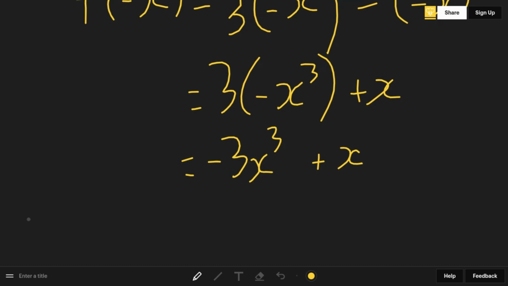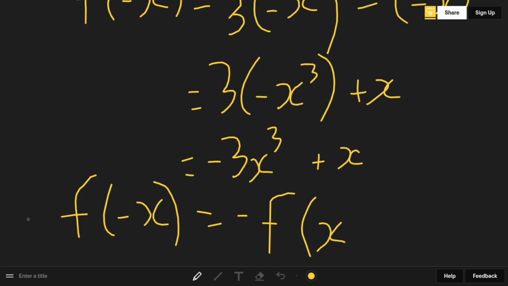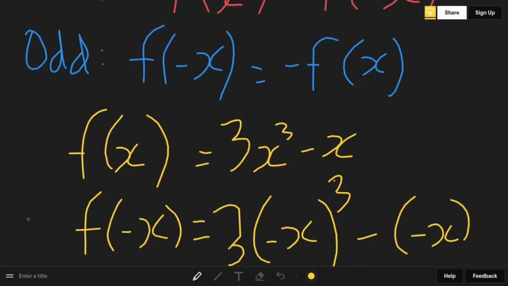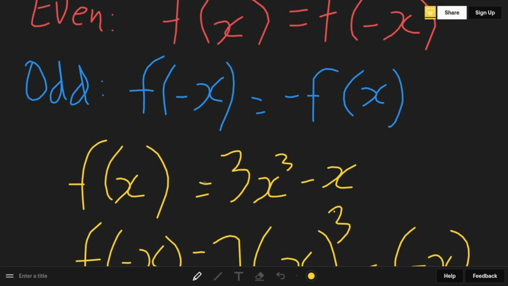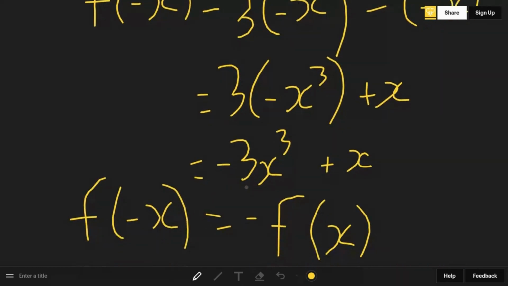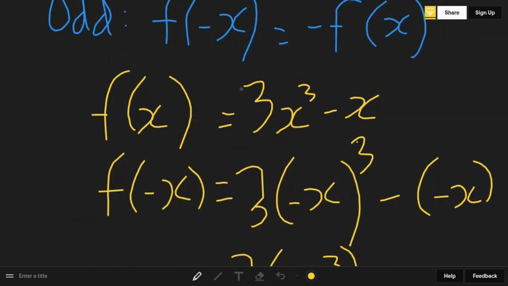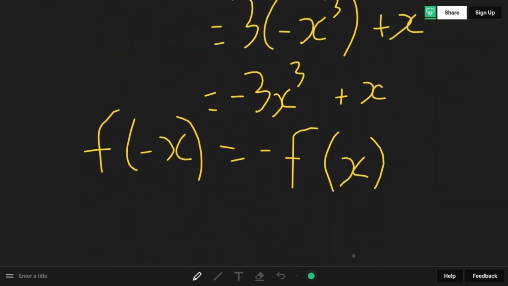And so we see that when I plugged in f of negative x, I actually got negative f of x. Because if I look at f of x and multiply this whole thing by negative 1, I would have gotten this thing.